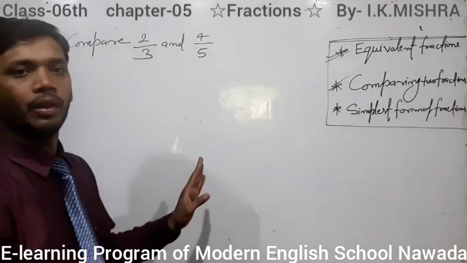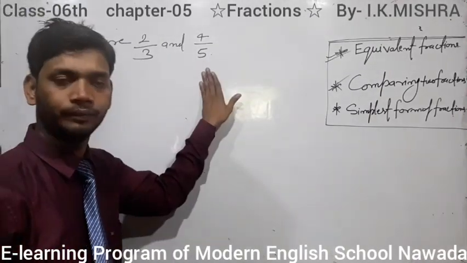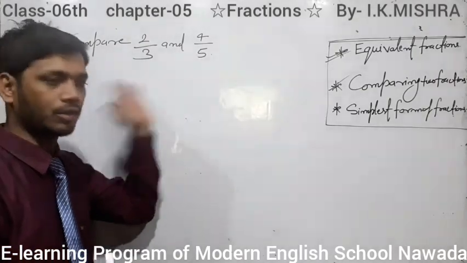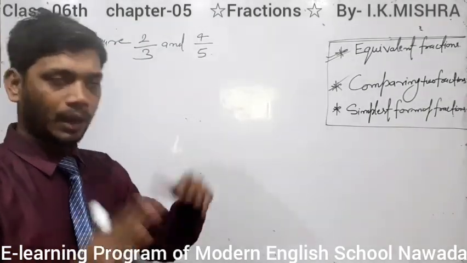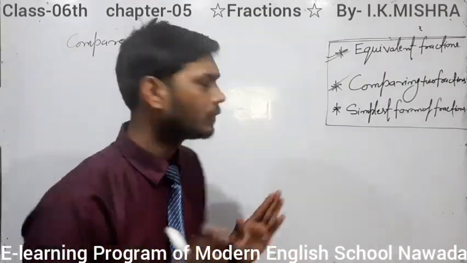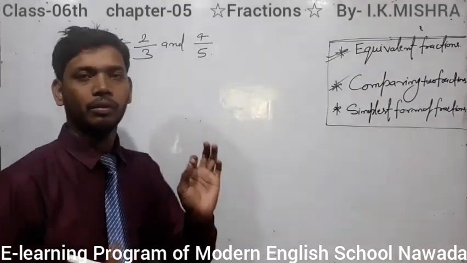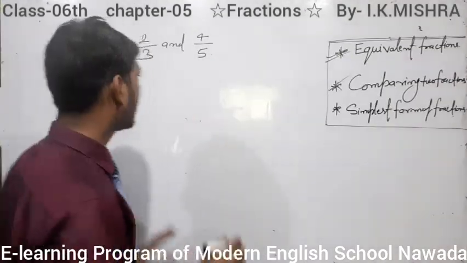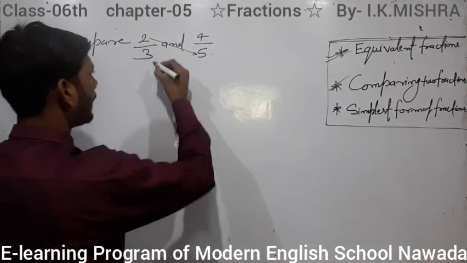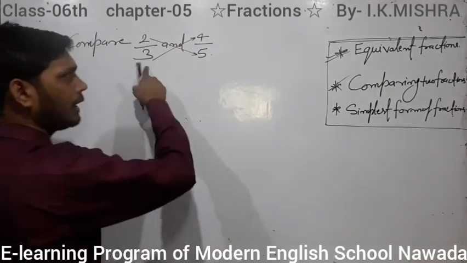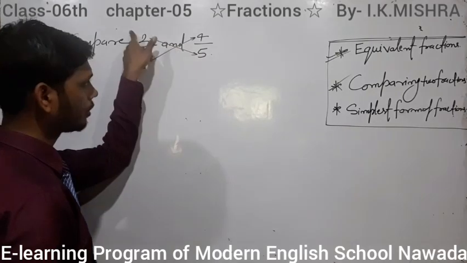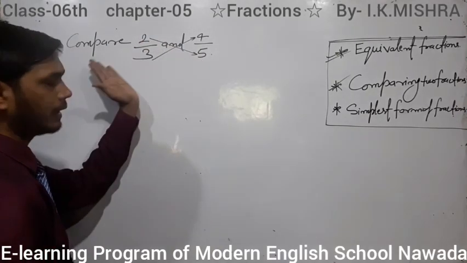Here, two fractions are given and you have to find which is larger and which is smaller. To compare two fractions, there is a very simple method: cross multiply. First multiply 2 by 5 and then 3 by 4. When you cross multiply 2 and 5, write it on the LHS.